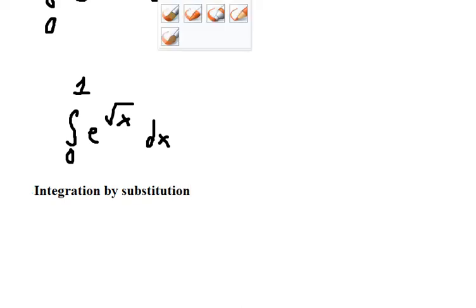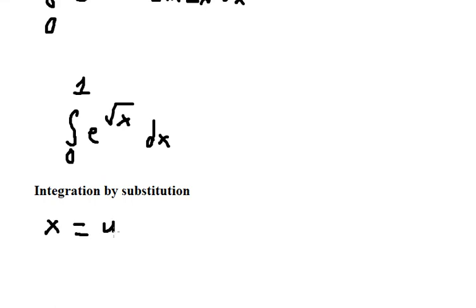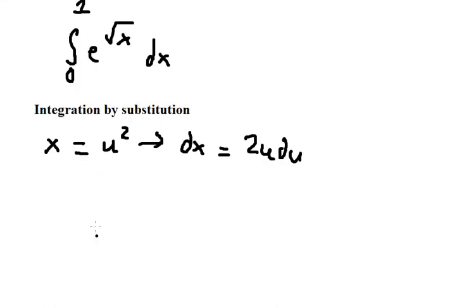So I will put s equals u squared in here, because I want to cancel the square root, and we have ds equals 2u du, because we take the first derivative of both sides.